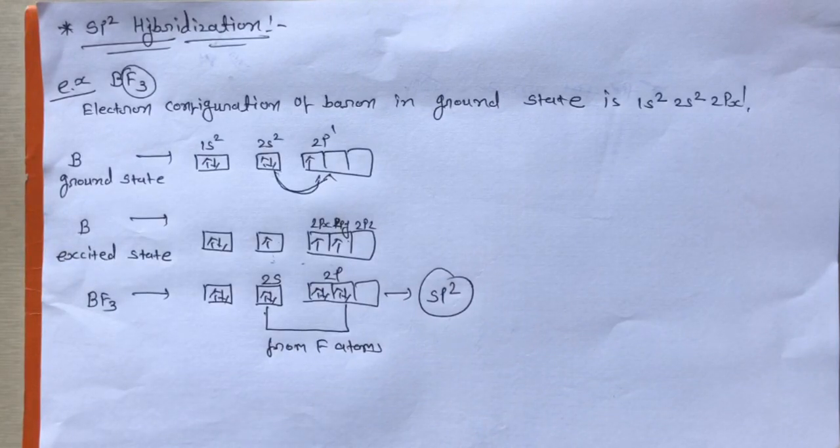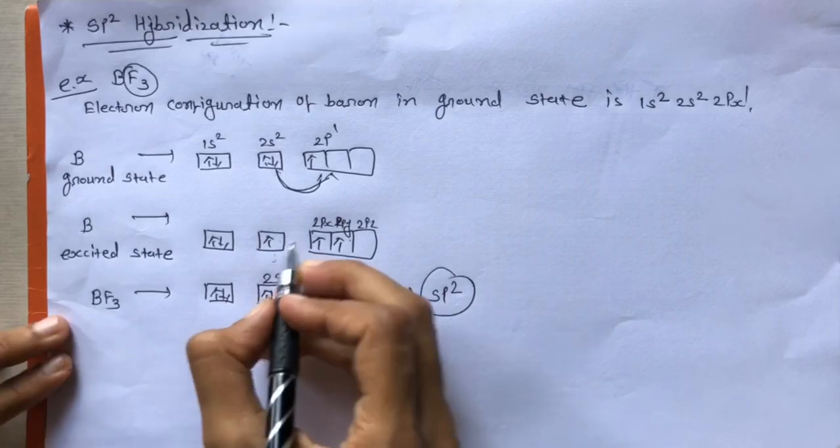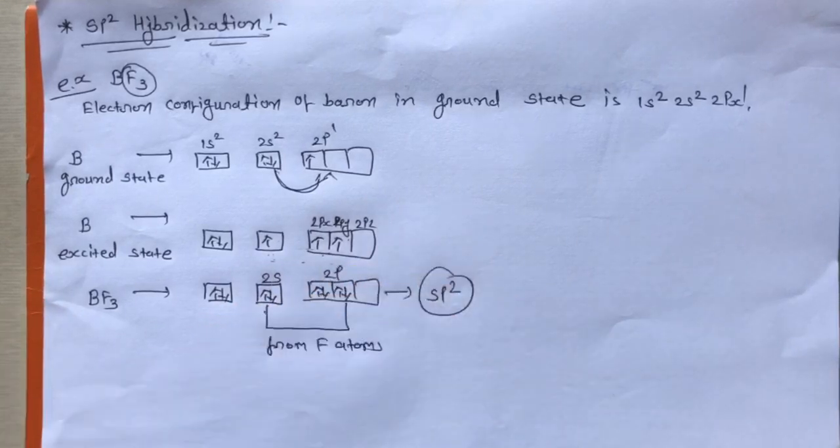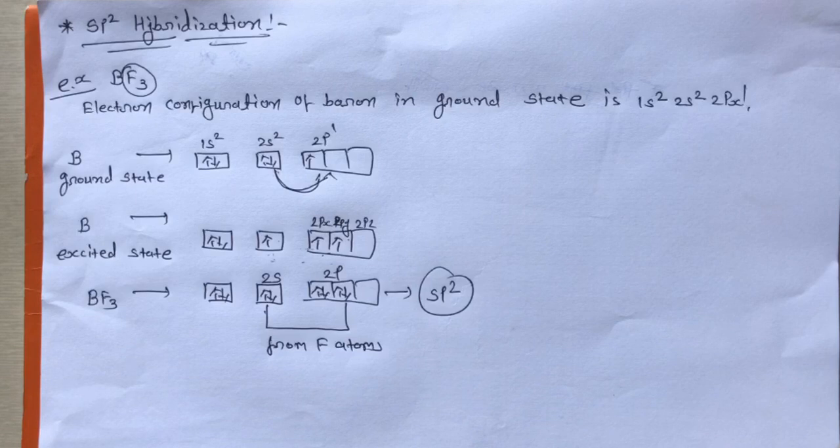Now there are 3 half-filled orbitals, right? 3 half-filled orbitals, each having an odd unpaired electron, right? But they belong to different orbitals. To get equivalent bonds, these orbitals hybridize to form new equivalent hybrid orbitals, right?